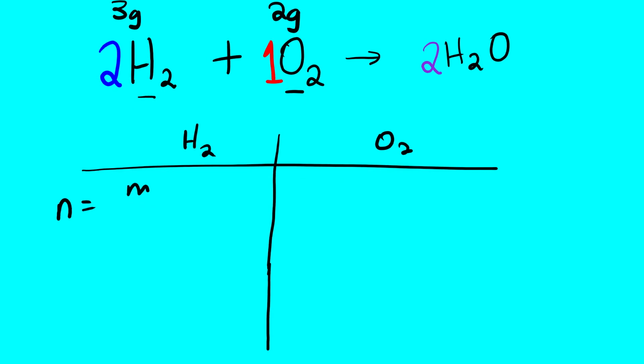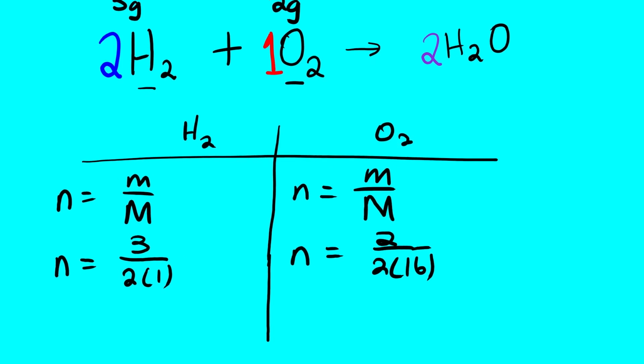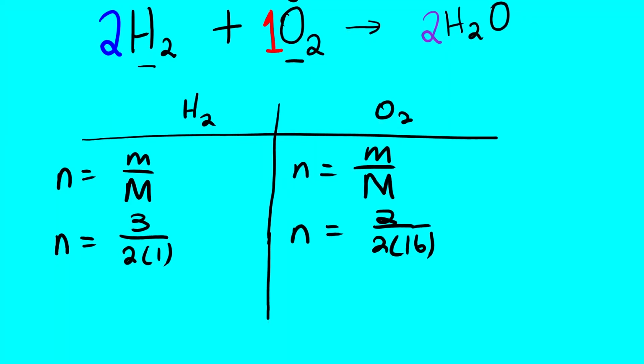Number of moles is n equals m over M. There is a lesson video on how to calculate the number of moles. Here the mass in grams is 3, divided by the molar mass of hydrogen, which is 1, and in this case we have 2 atoms of hydrogen. The same goes for oxygen, we have 2 divided by 2 times the molar mass, which is 16.